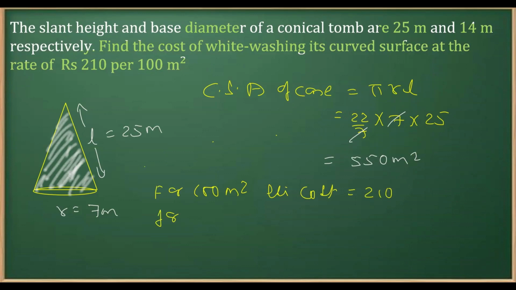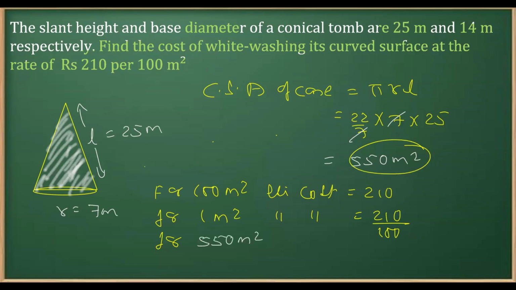So using the unitary method, for 1 meter square, the cost is 210 over 100. So for 550 meters square, the cost is going to be 210 over 100 multiplied by 550.